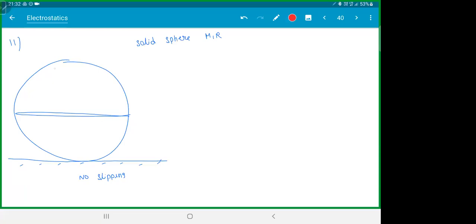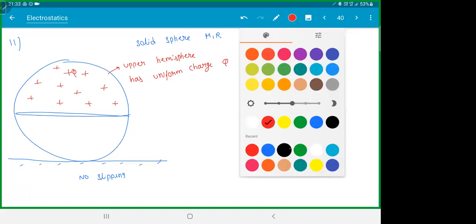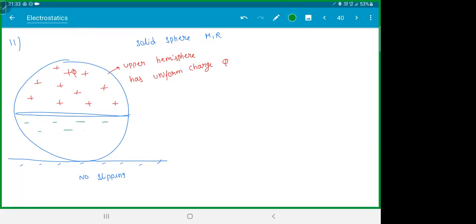The upper hemisphere is uniformly distributed with a positive charge, plus Q. It's an insulator. Similarly, the lower hemisphere has a negative charge, minus Q.